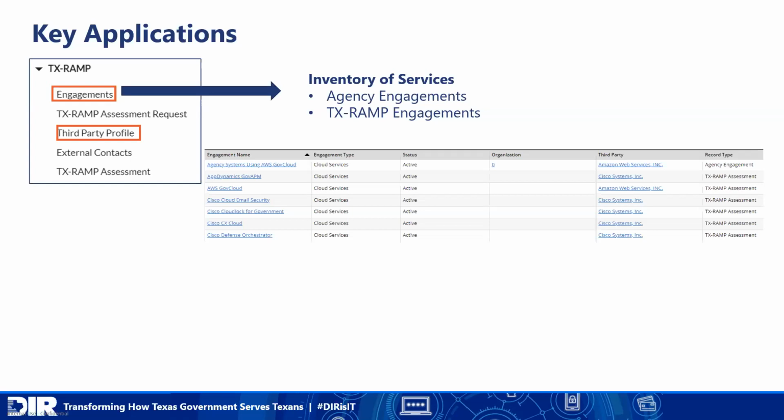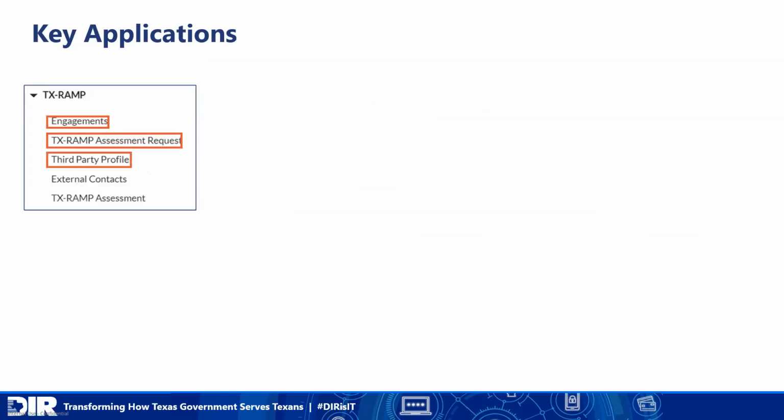So the StateRAMP engagements will be available or visible to other organizations throughout the system as that is the StateRAMP certification. However, again, you can associate that with your organization to get the access to the response information going forward. So you can have multiple engagements for a given third party, and you can have your own engagements for a given third party as well as the StateRAMP ones.